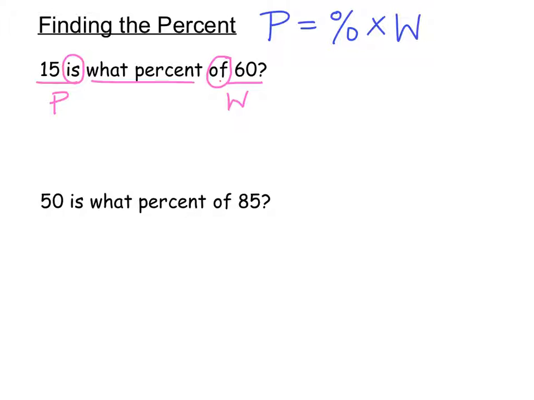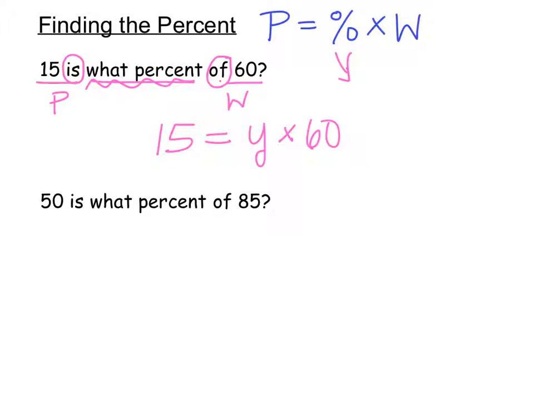So if I was setting up this equation, 15 is my part, so I put 15 equals what percent? That's my unknown, so what symbol should we use? We'll use a Y for percent. You can choose any letter, or you could leave the percent symbol, times the whole. Our whole was 60.